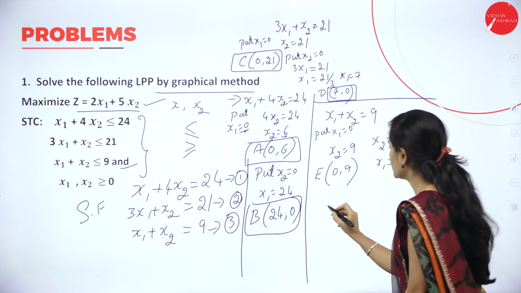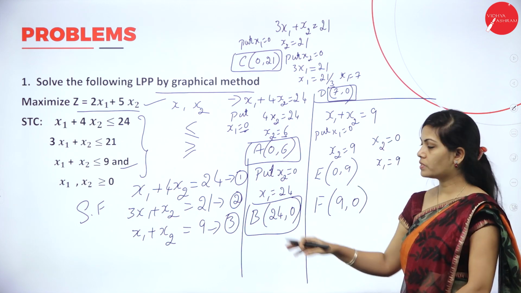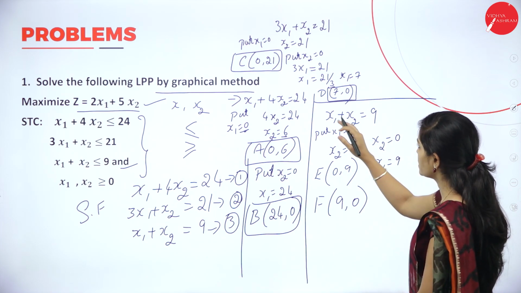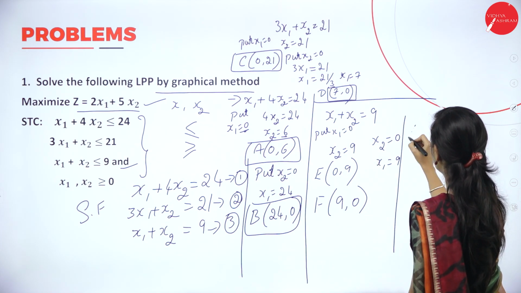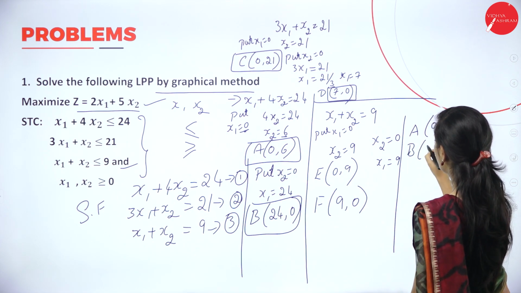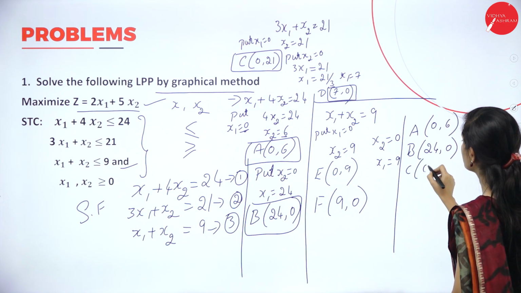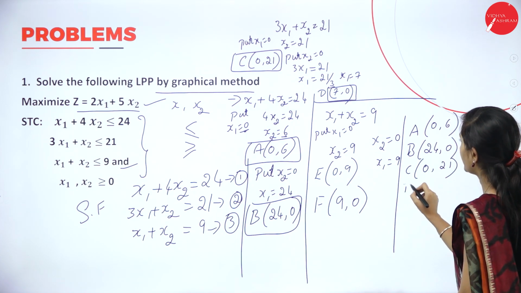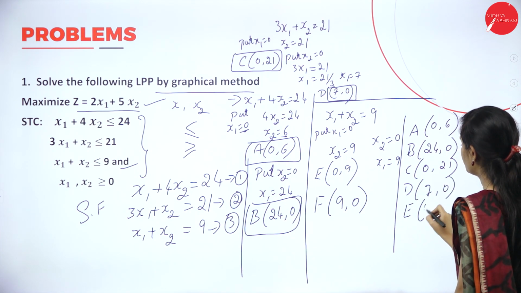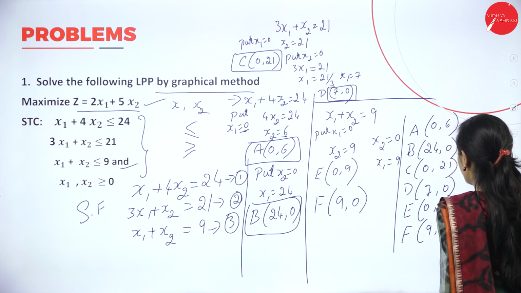The sixth point is 9, 0. So using these equations, we can find the points. Here we have 6 points: A of 0, 6, B of 24, 0, C of 0, 21, D of 7, 0, E of 0, 9 and F of 9, 0.